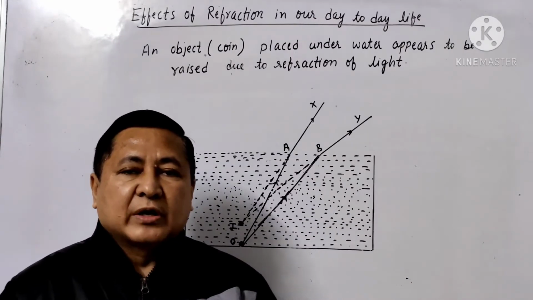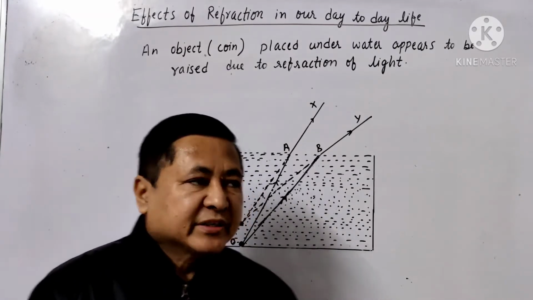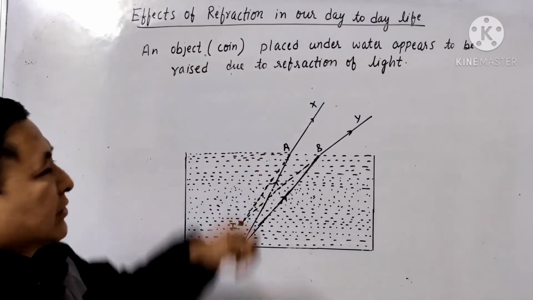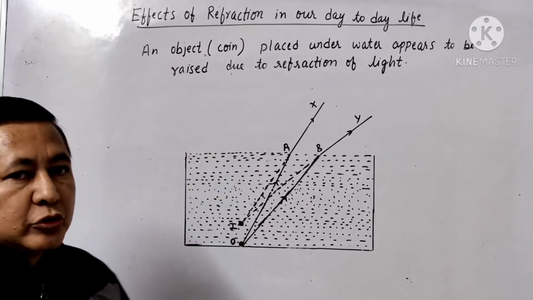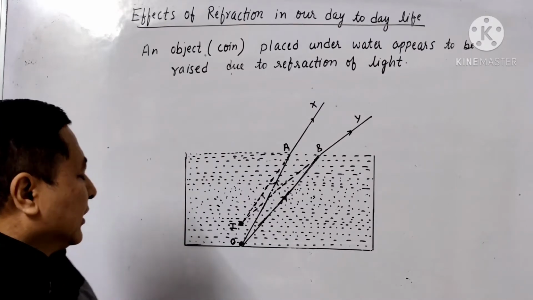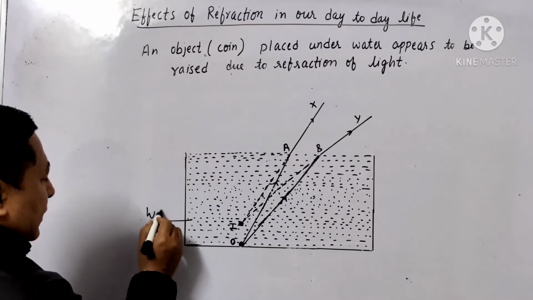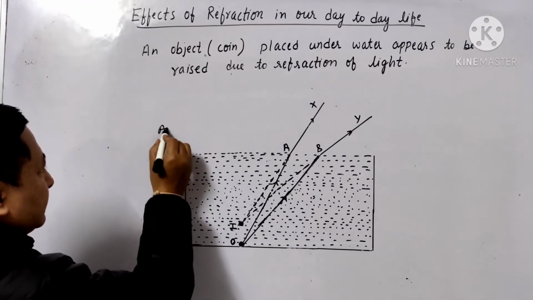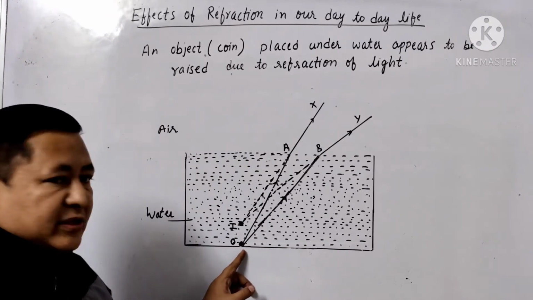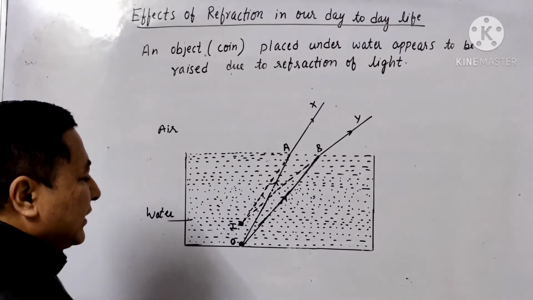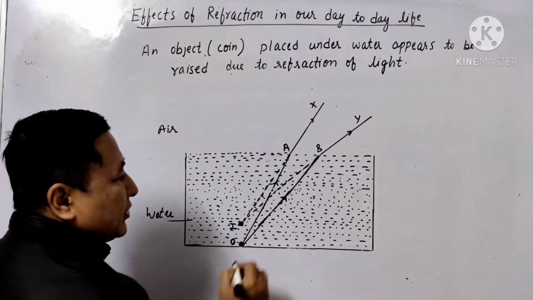Now let us discuss one more effect of refraction of light. You might have observed many times that an object, or we can say a coin, placed under water appears to be raised due to refraction of light. Now see, this is a container containing water and this is air. In the water we have kept a coin here that is marked as O, and the rays of light going from O are OA and OB.